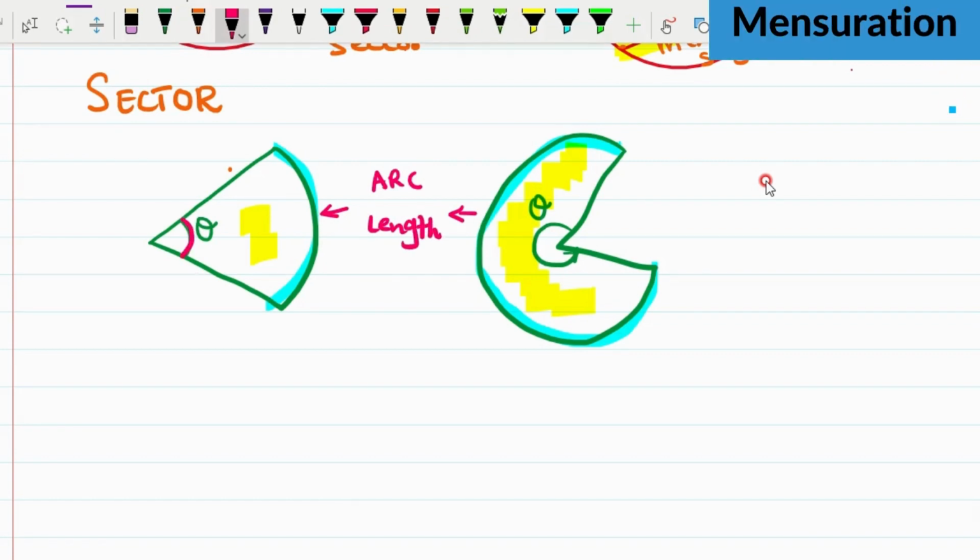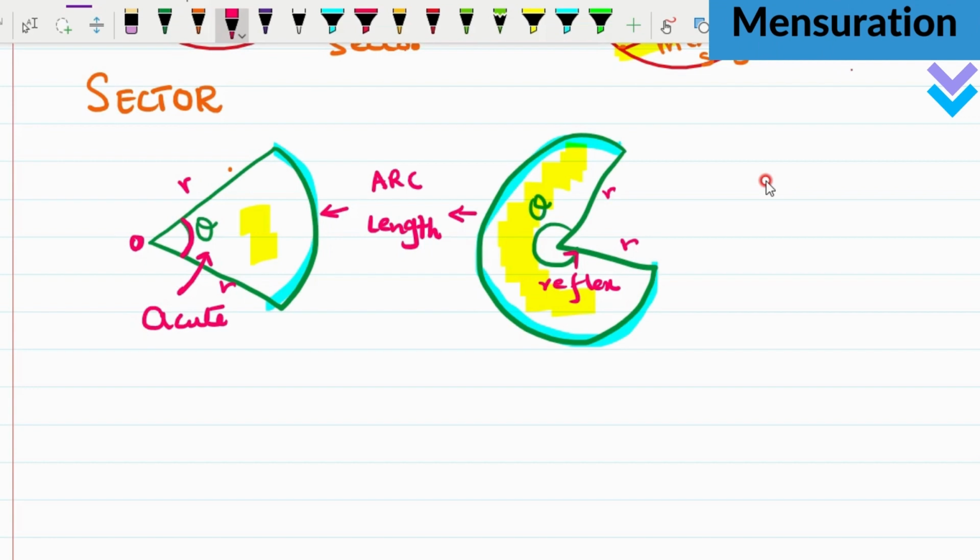And its angle will always be an acute angle, and this one will be a reflex angle, because it must be greater than 180 degrees, right? And obviously these sides are radii, because we just cut it from the middle point. This one is also a radius, this one is also a radius.